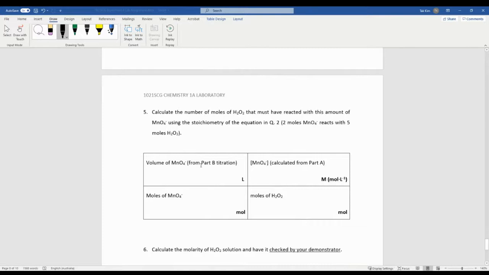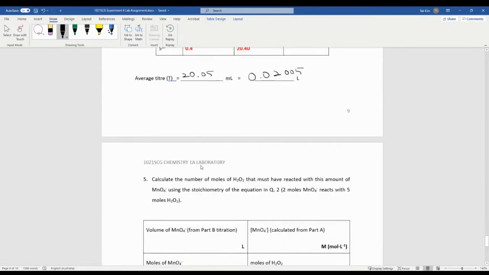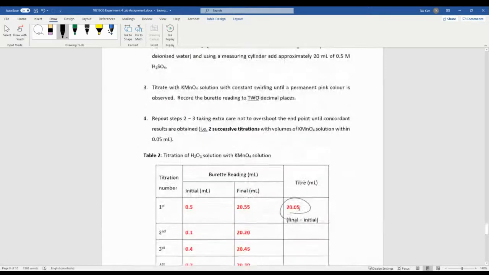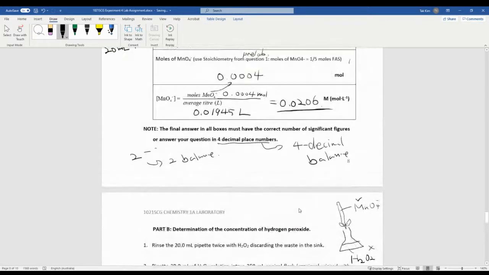So the volume of permanganate is from the part A titration. So I have this much in liters, and then the molarity of permanganate, which was obtained from part A. How much was it?